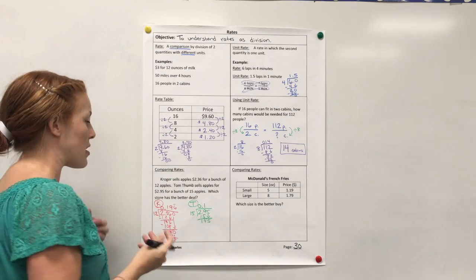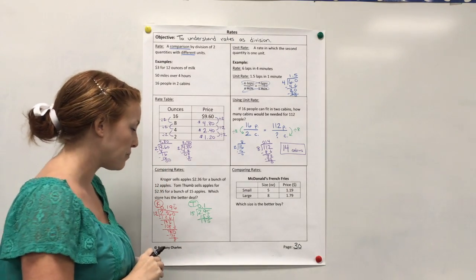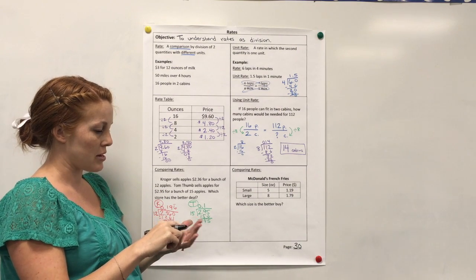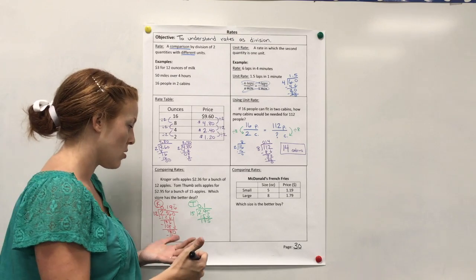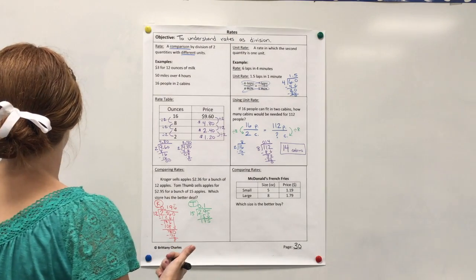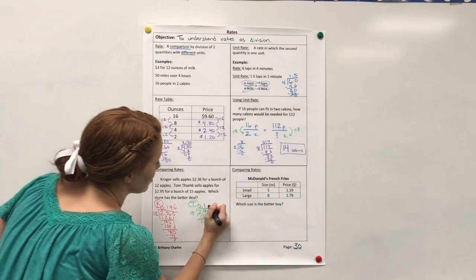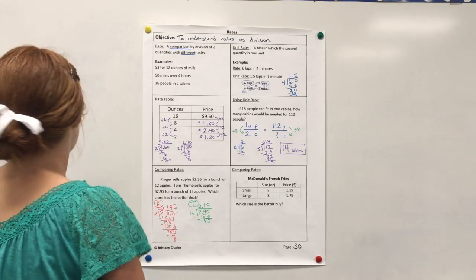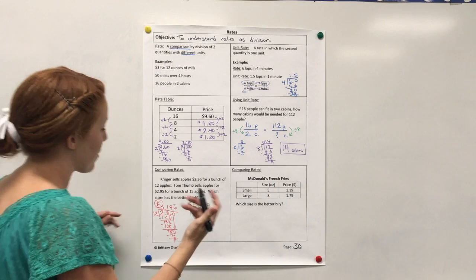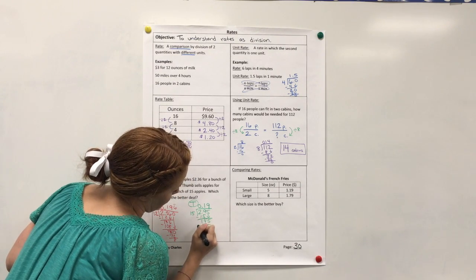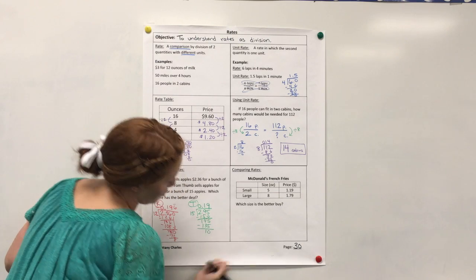All right, now I need to think about my multiples of 15. 15, 30, 45, 60, 75, 90. Okay, then I have 105. When I keep going, so that'd be 9 times. Because then we have 120 and then 135. So that's 135.